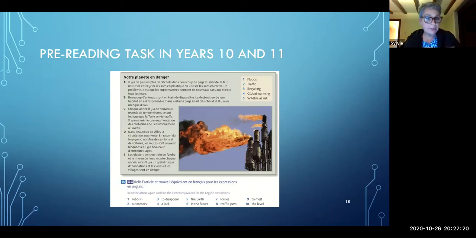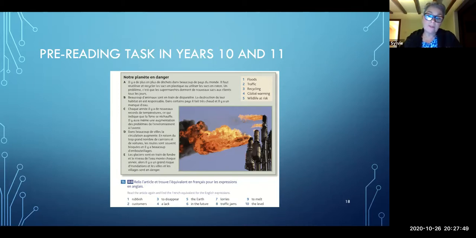One of the things that I did, because we subscribe to Kerboodle, is a very quick settling activity at the start of a lesson with a year 11. This is one I did with them just lately, at the beginning of October. To elicit and practice new vocabulary in the target language, I simply asked them to highlight and annotate a text directly and to look at the language that is here in English at the bottom of that activity, find it in the text and annotate it.